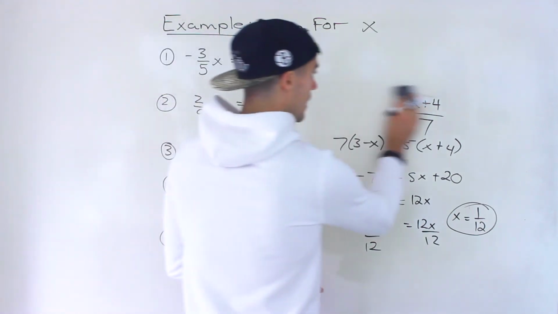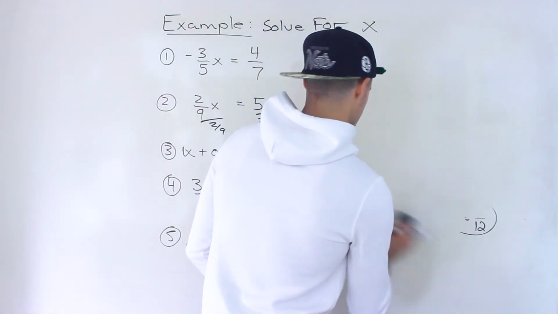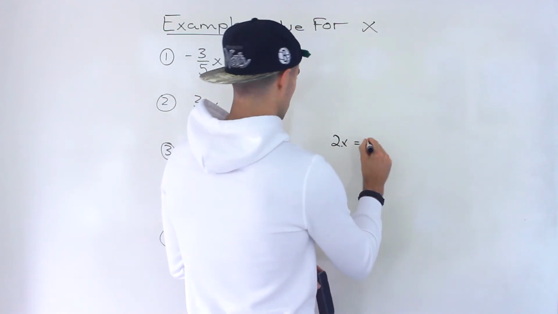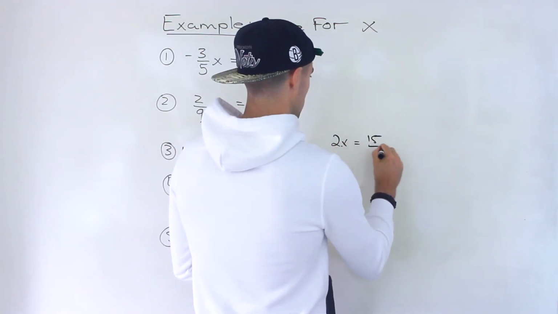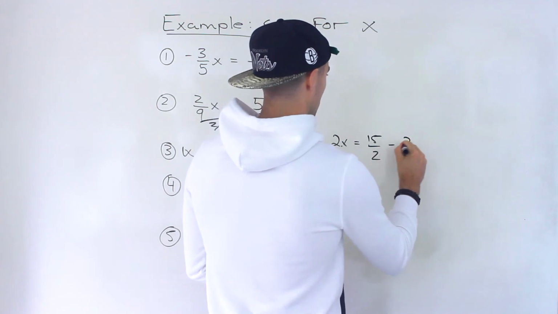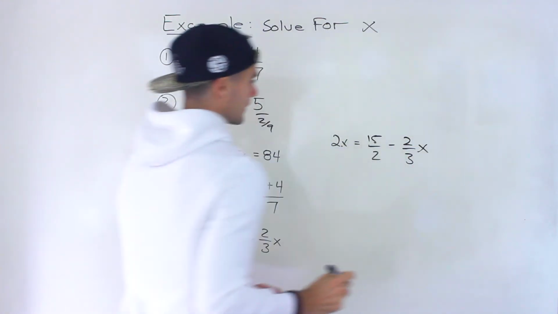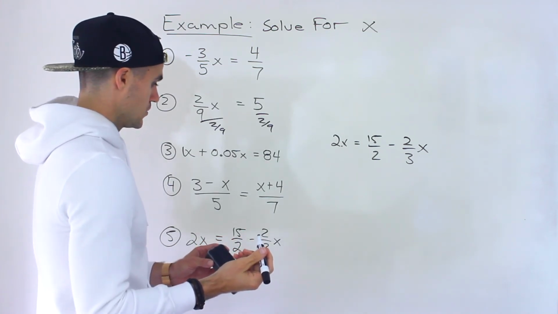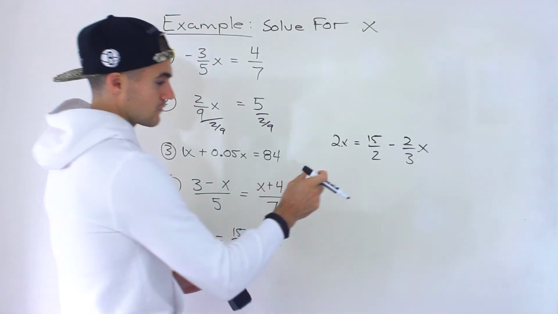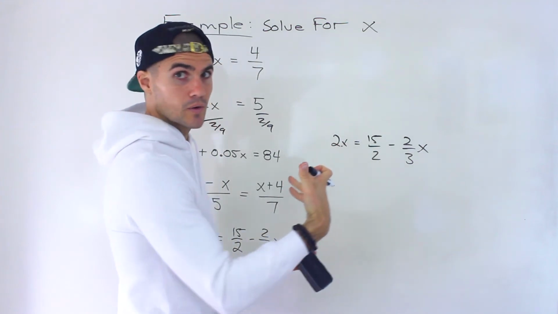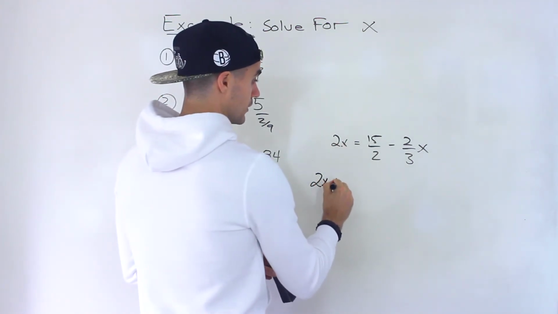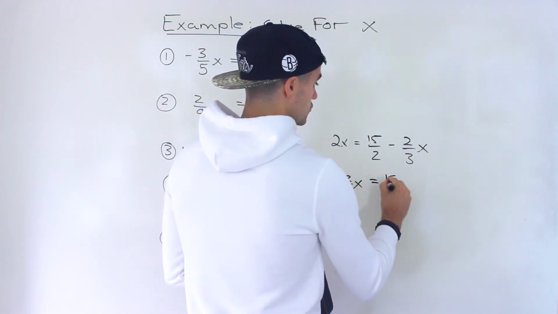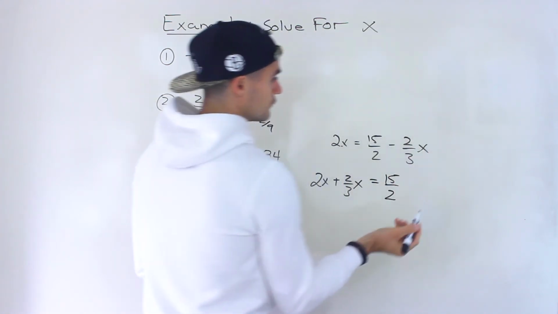And then number 5, we've got 2x equals 15 over 2 minus 2 over 3x. In this case, again, I would bring all the x values to one side. So 2x plus 2 over 3x. Don't get confused because there's a fraction here. It's just a number in front of the x.